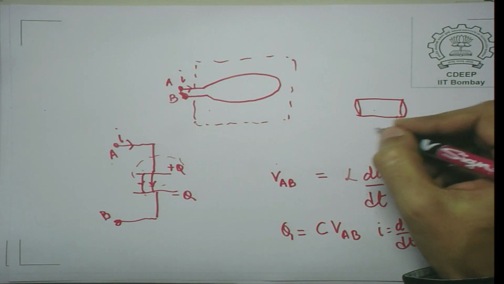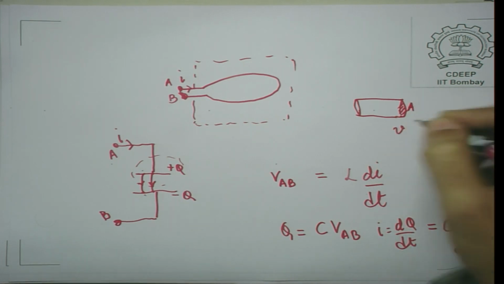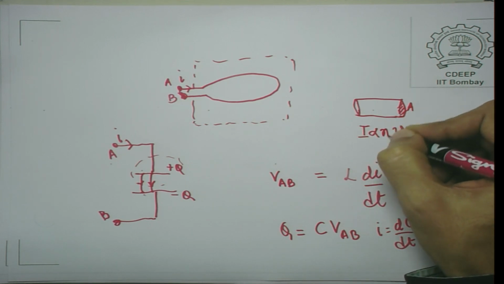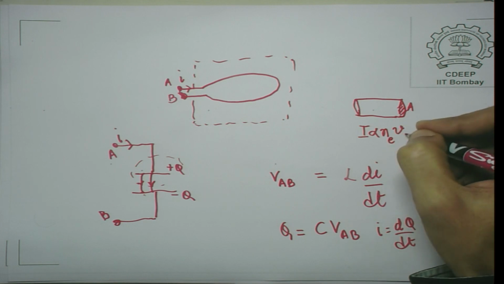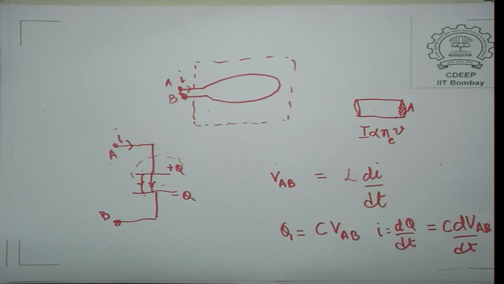If you are looking at a cross section A, then the current is proportional to the number of charges per unit volume into the average drift velocity of these charges, which are otherwise moving randomly.